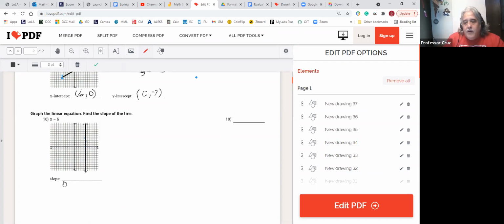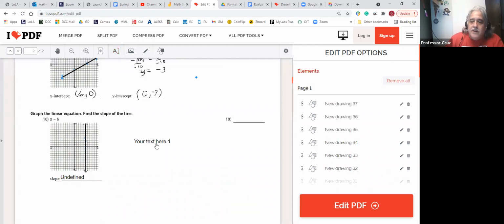Let me write it on here using the little text box. So that's an undefined slope.